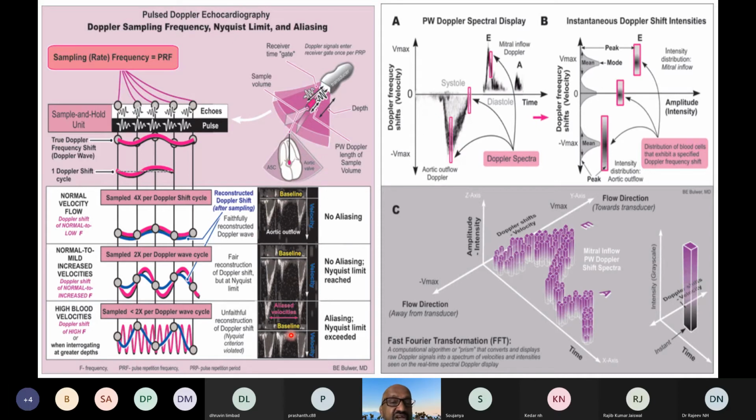But as the velocity increases and the Nyquist limit is exceeded, the waveform which is going towards the bottom of the screen actually comes onto the top of the screen, and this leads to errors in interpretation of the velocity. Hence, if the velocity is higher, we must go for continuous wave Doppler.